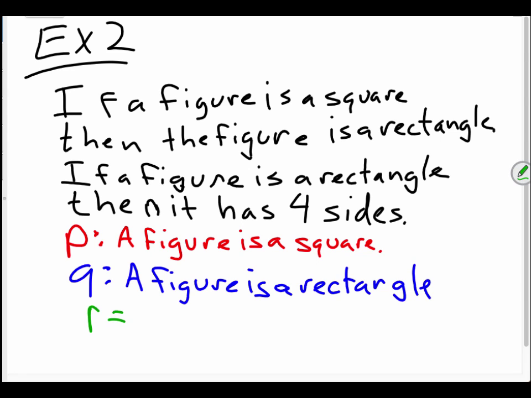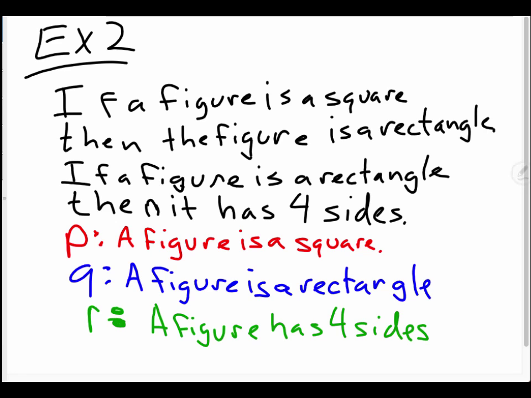R: a figure has 4 sides. How is it that I cannot spell that?